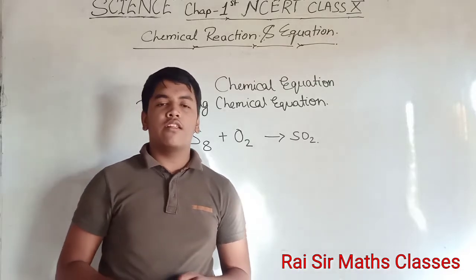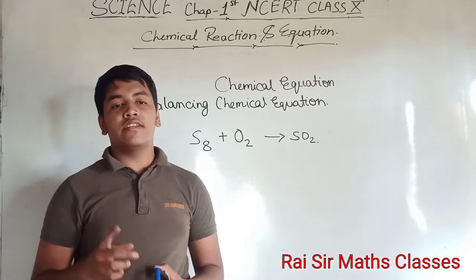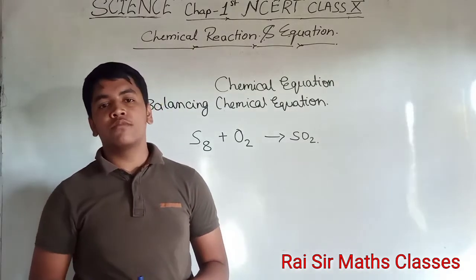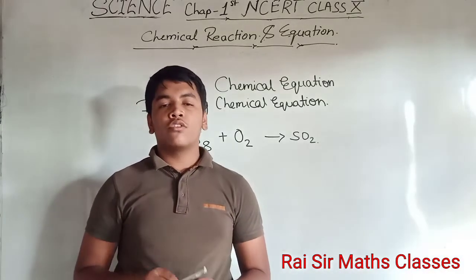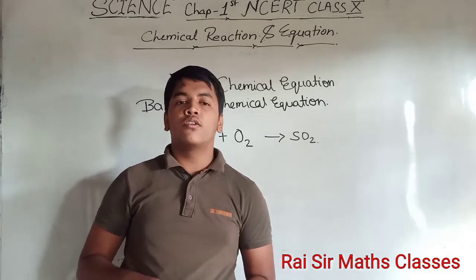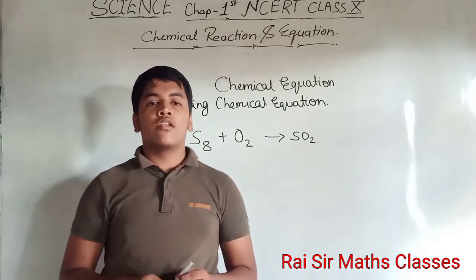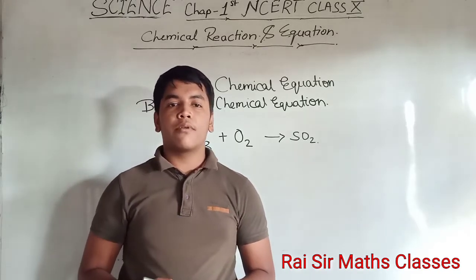Now I am going to tell you how to balance a chemical equation. To balance the chemical equation, we have to understand the basic terms which we have studied in 9th class, that is laws of chemical combination. There are two types of laws of chemical combination. First, law of conservation of mass, and second, law of constant proportion.